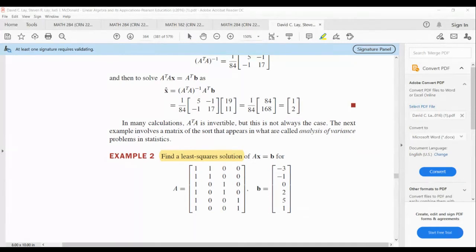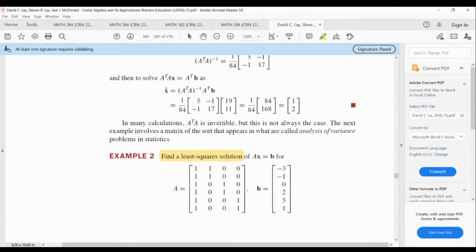Can the first vector be written as a linear combination of the second, third, and fourth vectors? That's right. A1 equals A2 plus A3 plus A4. Thank you, everybody. So this means then that you cannot find the inverse of A transpose times A.